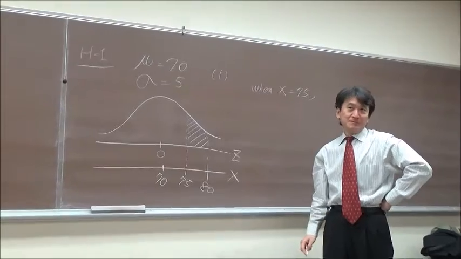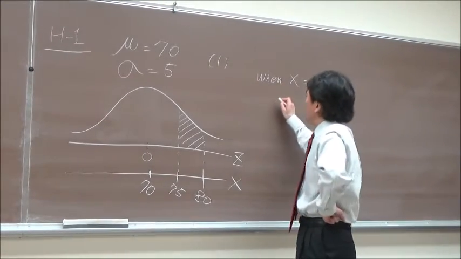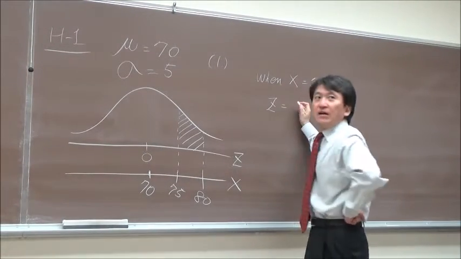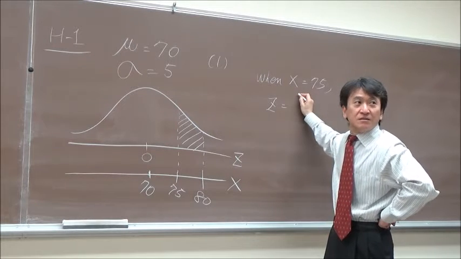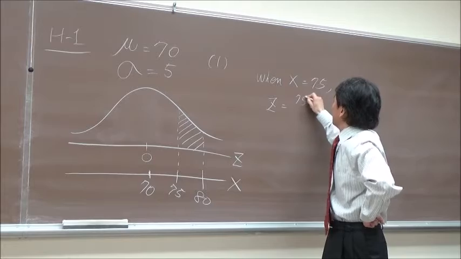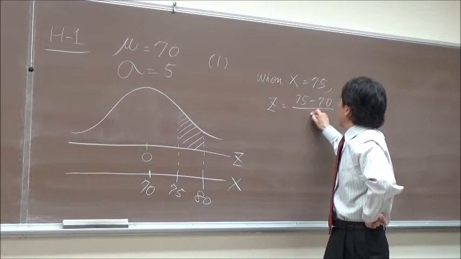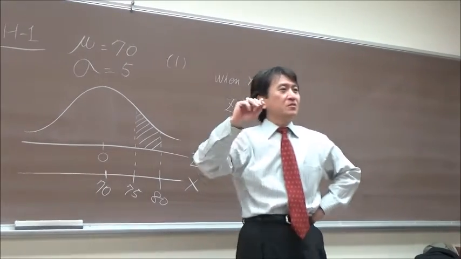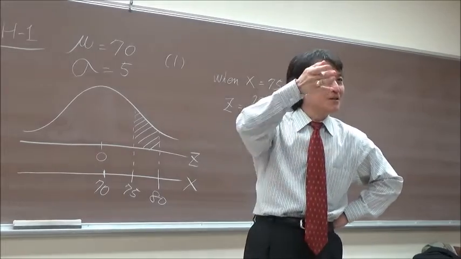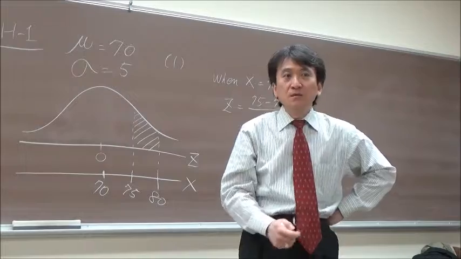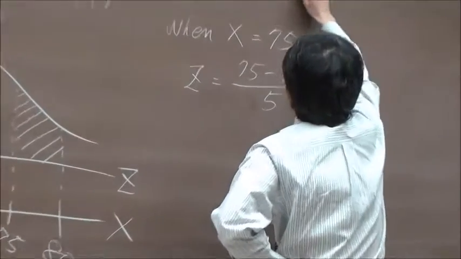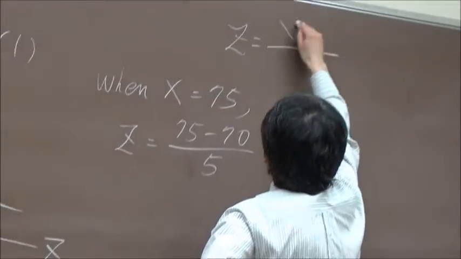Anyone? 75 minus... Who said that? Excellent. Jasmine over there. Excellent. Minus 70 over 5. Exactly. Excellent. Awesome. 75 minus 70 over 5. Right? The reason is simple. We talked about this. Remember?